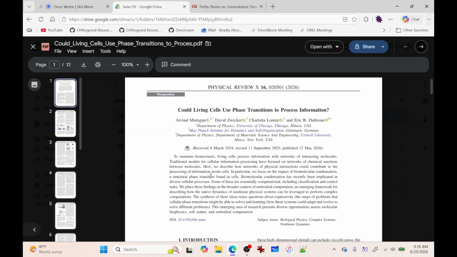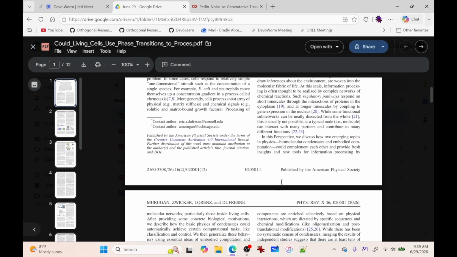In processing information, this can allow a cell to solve problems, because it kind of knows what's going on in the cell, and then it triggers some process. So it's processing information, much like maybe a cognitive system. They call this embodied computation because it's dependent on being in the cell, being a condensate, or things like that. So that's what they talk about in this paper.